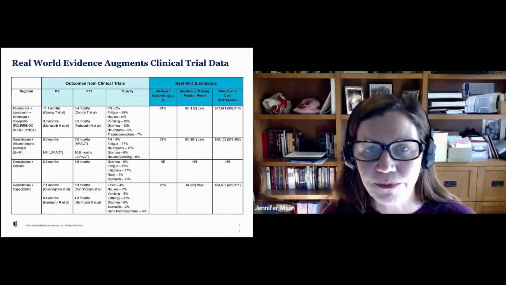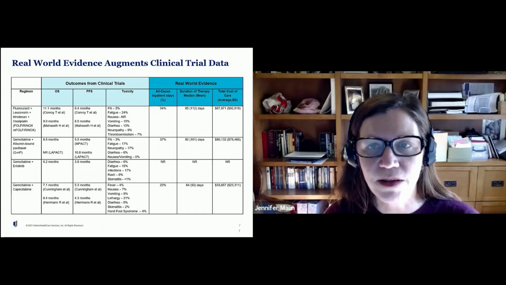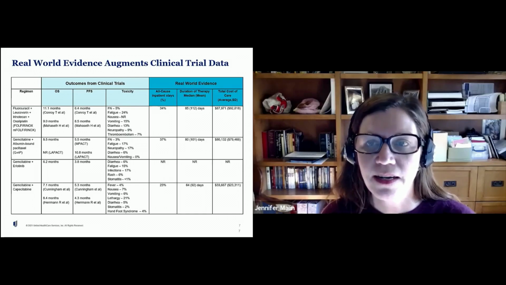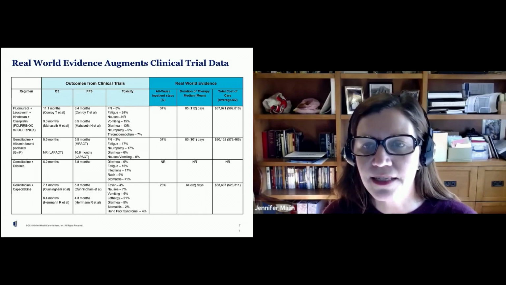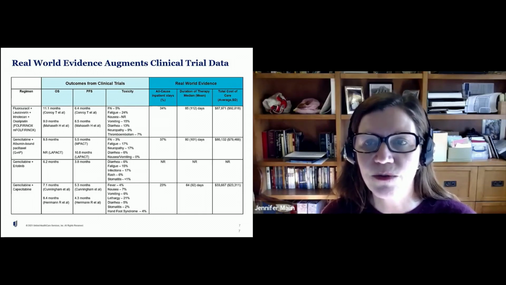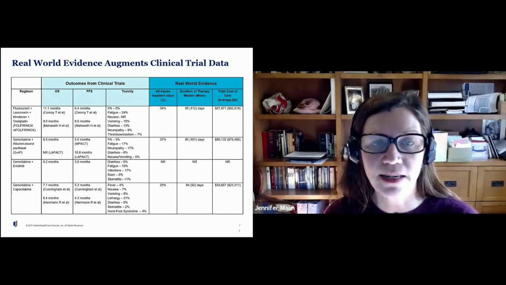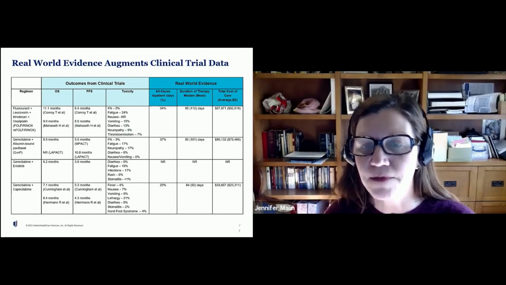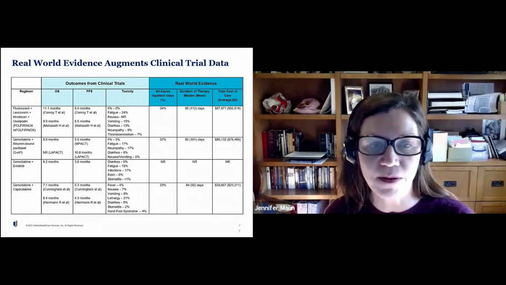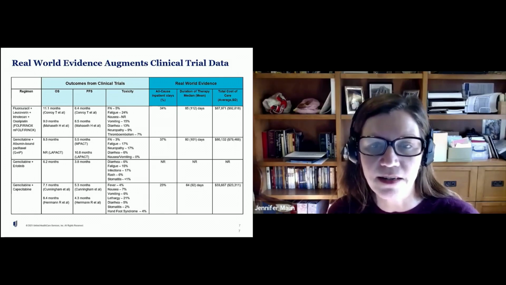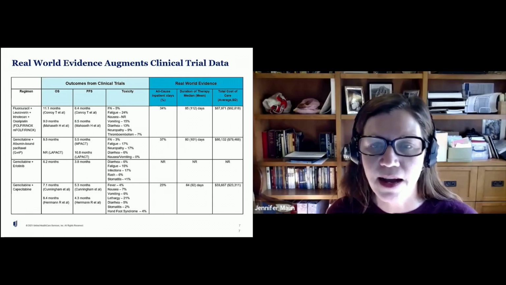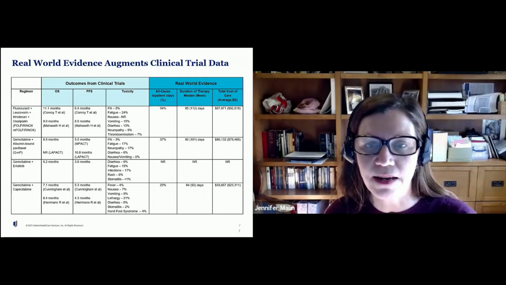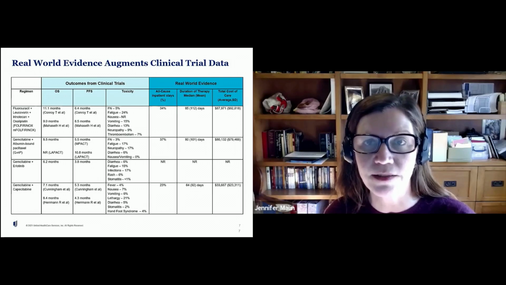So this is the way that we have been using our claims and prior authorization augmented data to supplement clinical trial data as we look to create cancer treatment pathways. I think this provides an example of how this data can not supplant, but supplement the data and insights that we get from clinical trials.